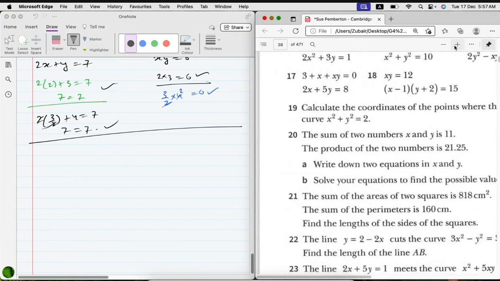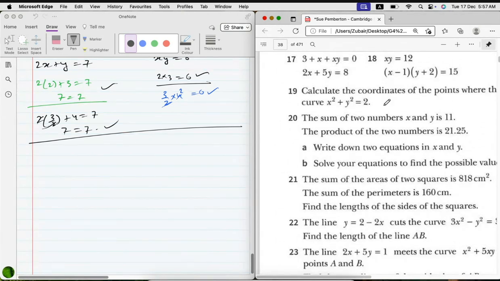Which one would you go for? 17 or 18? 17 or 18? Yeah, anyone. Yes. I can do 18. Okay, try that.